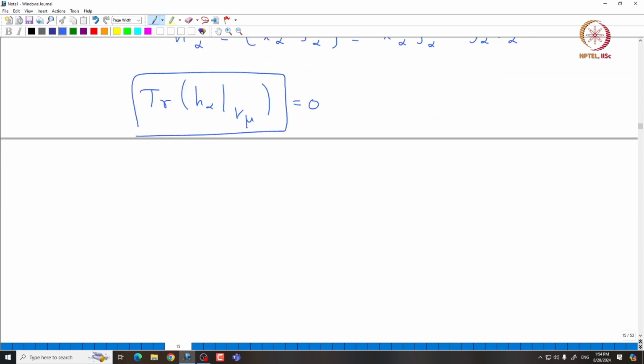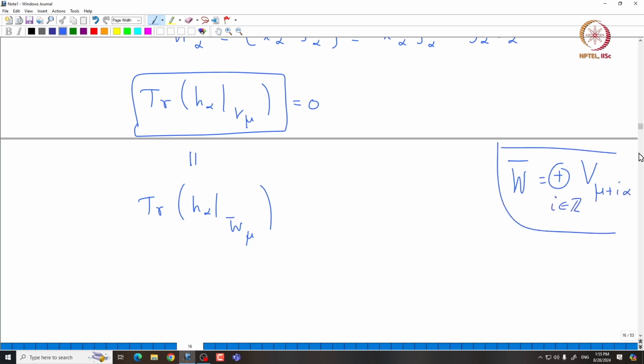The trace of the commutator is going to be 0. So, if I take this trace of h alpha, one can actually compute it on W mu bar, where W mu bar is nothing but the direct sum of V mu plus I alpha, where I varies over integers. Because of that, if you are interested in computing h alpha on each weight space, it is going to act as mu of h alpha plus 2I.